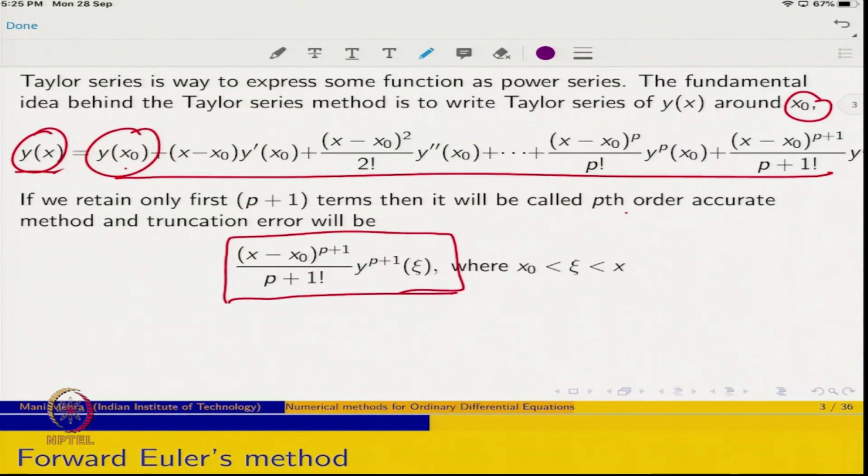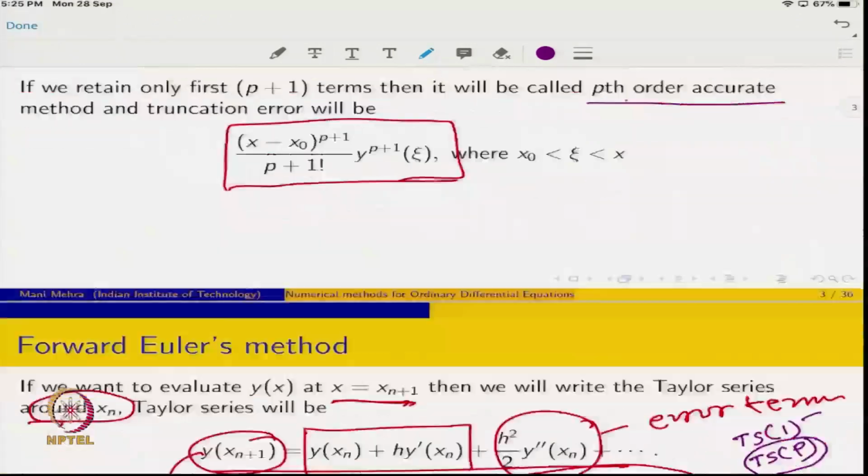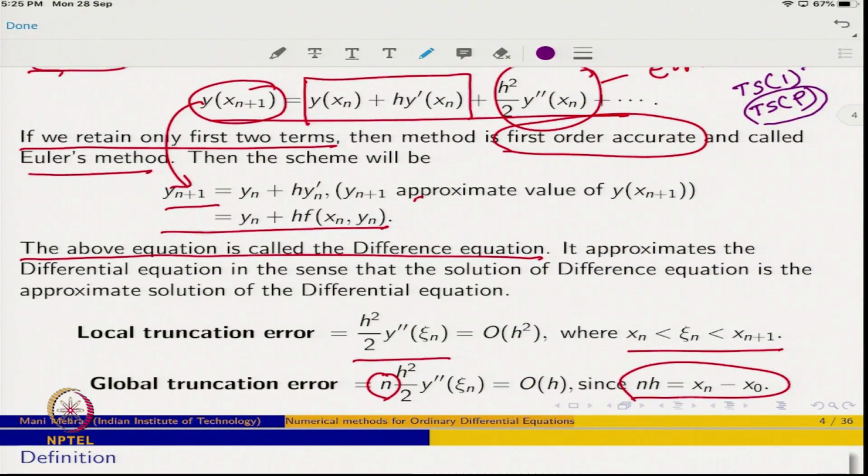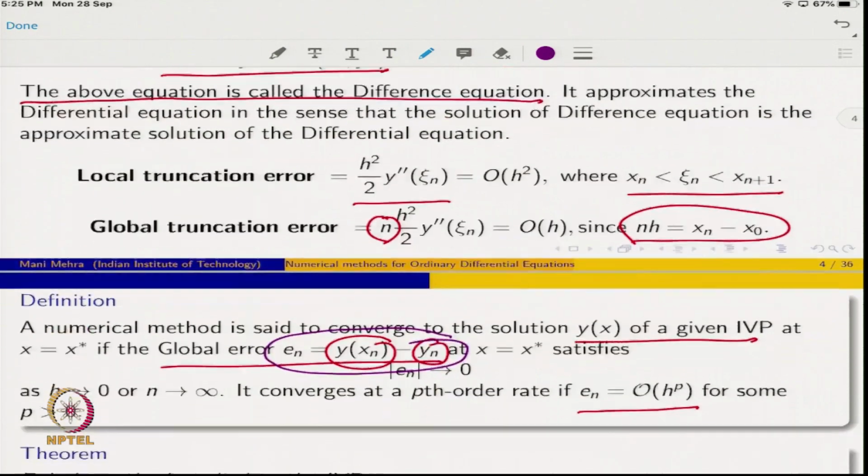That is what we have seen here also. But as I told you, it is not very practical to retain more and more terms. I have also told you the reason.